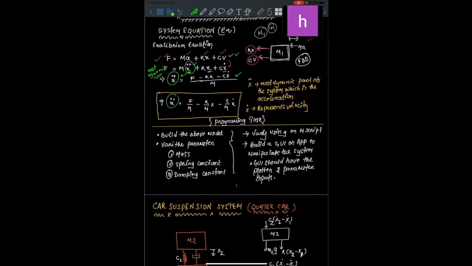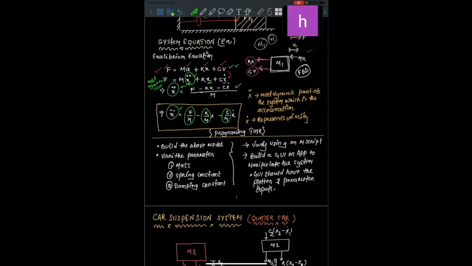As you can see here, this is x dot, x double dot. This is f by m. Then this is k by m, which is coming from here, and the third one is coming from here. So it is done now.